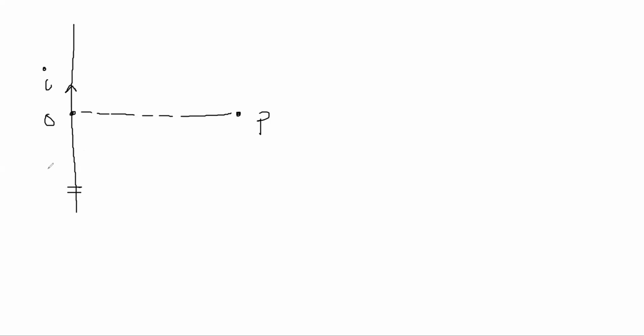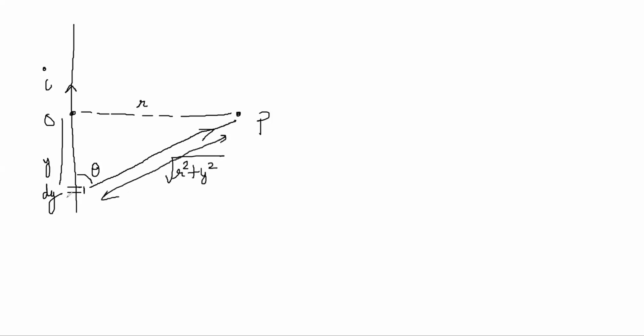Let's say this distance is y and this distance is dy. Due to this current element, I'm going to first find the field here. Let's say this angle is theta. This distance is r, so this distance is root of r square plus y square.